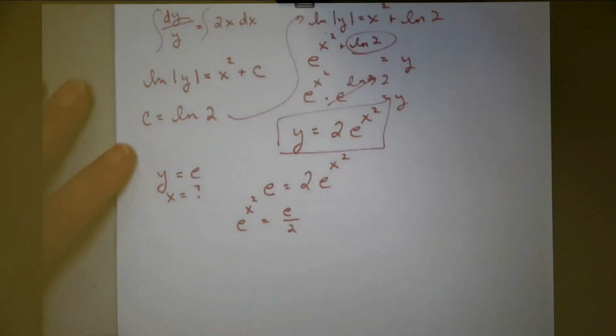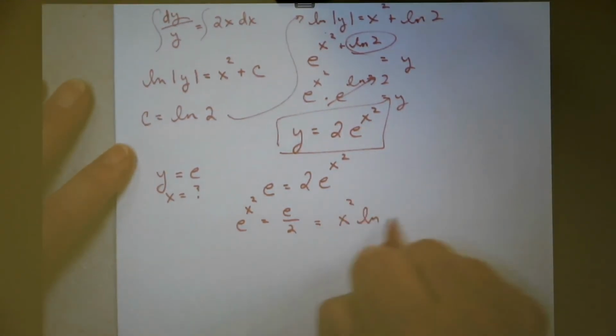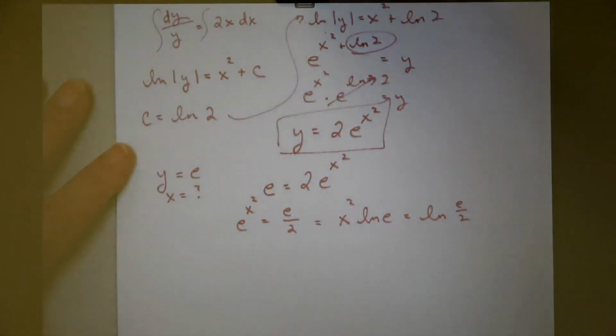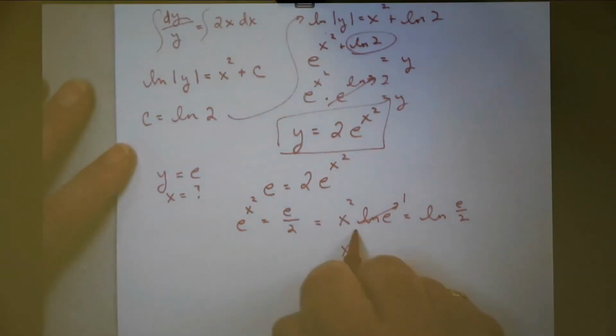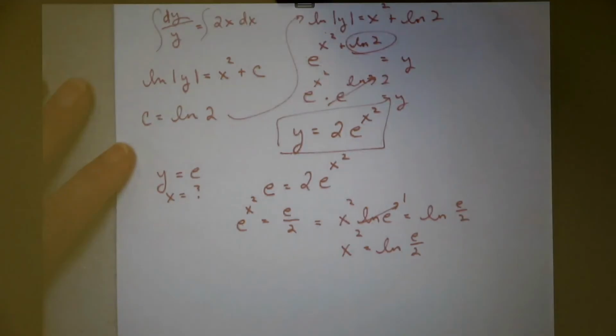With me? I'm going to take the natural log of both sides. So I have x squared ln e is ln e over 2. Of course, ln e is 1. So x squared is ln e over 2, and you'll take the square root of both sides.